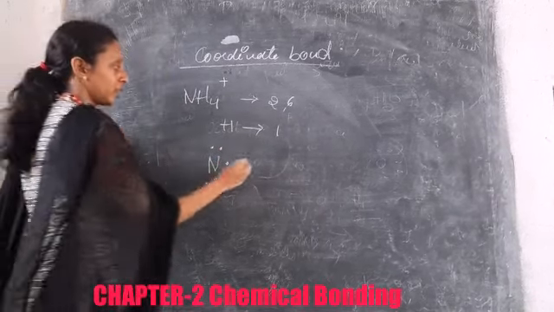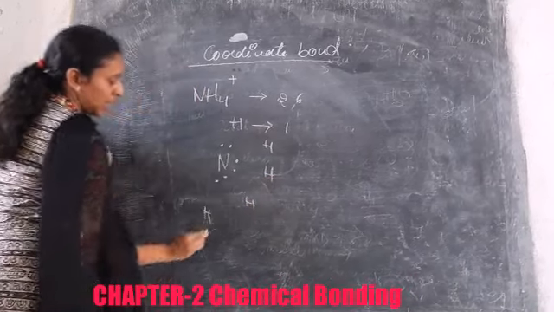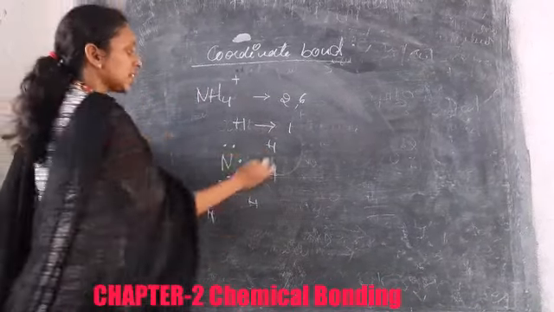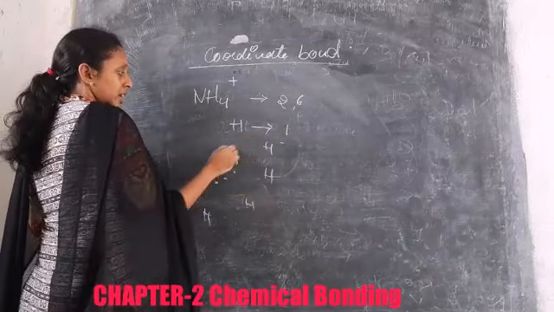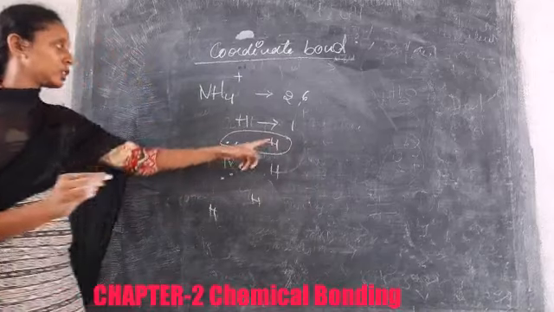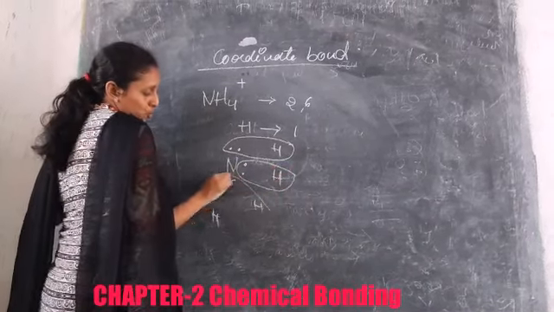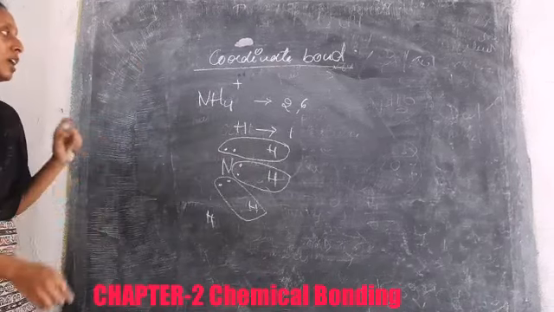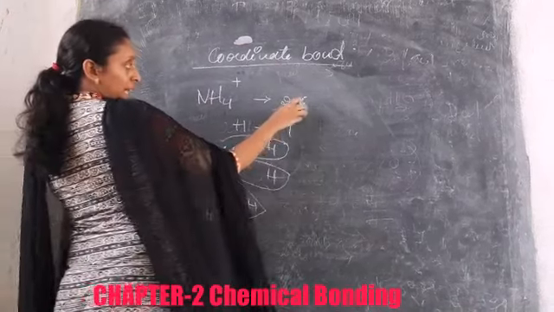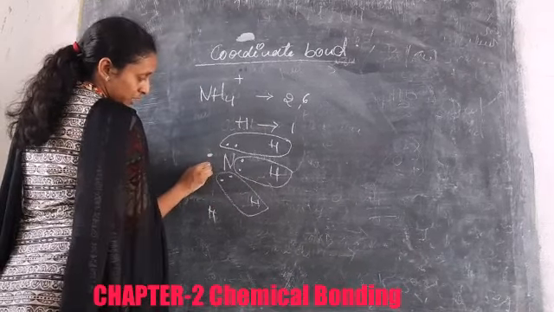So there are 4 hydrogens. Since these hydrogens are not having anything, this nitrogen will share its electrons with hydrogen, 2 with one hydrogen, and 2 with another hydrogen. So it requires 2 more electrons to become more stable. So there is a lone pair of electrons here.